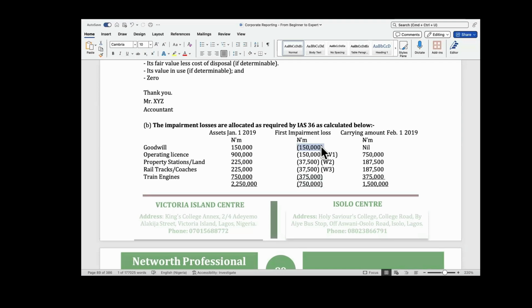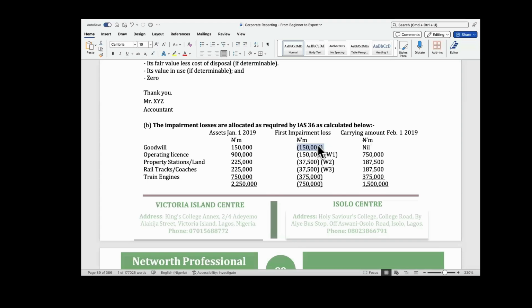So what is remaining, now that we have allocated out of this 750? 750 minus 375 minus 150, so it's remaining 225.